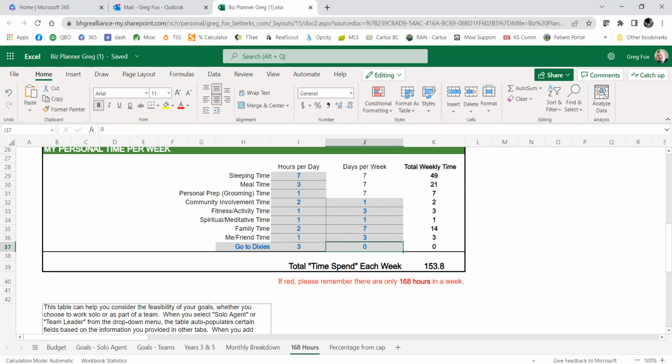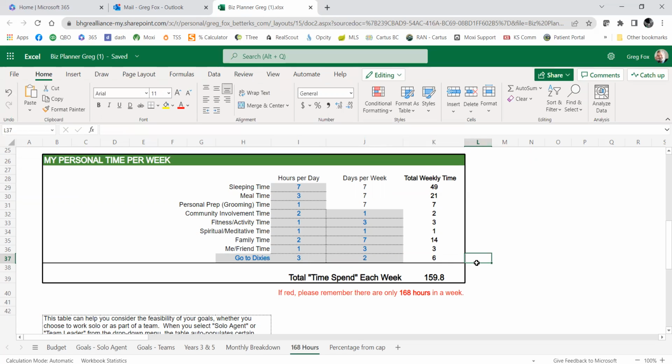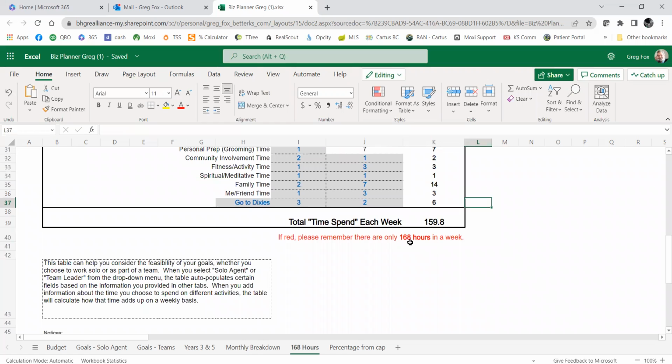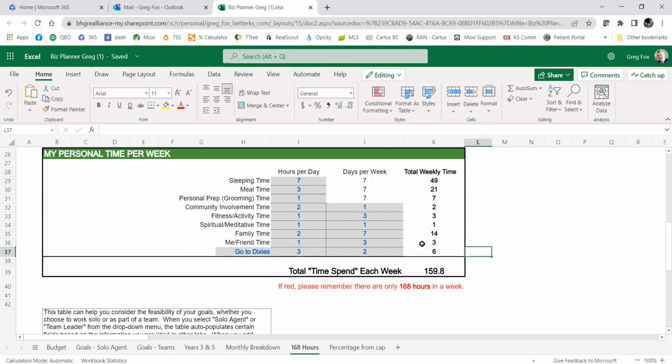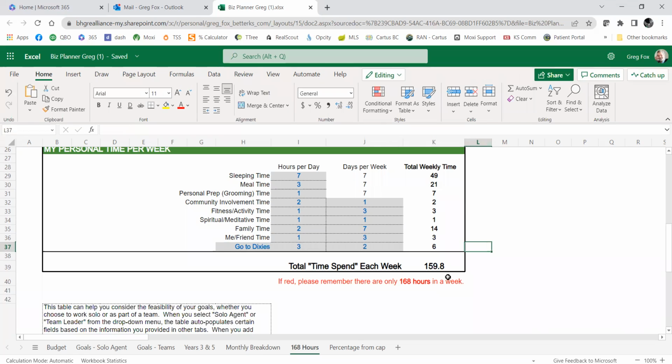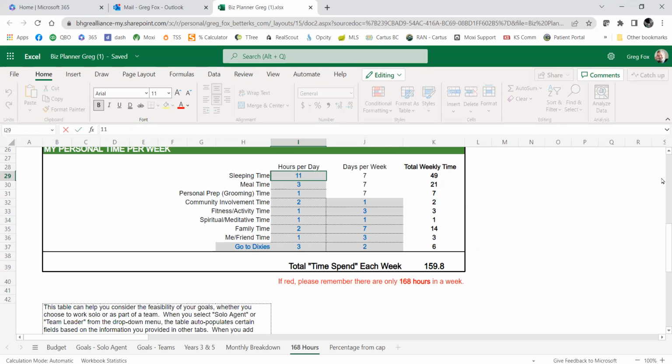Days per week, 3 days a week. That gives me 6 hours, so now I've got 159 hours. Once I break 168 hours, I've run out of number of hours in the week. Well, I can tell you, my wife likes this. I'm in bed 11 hours a day to get 5 hours of sleep at night.